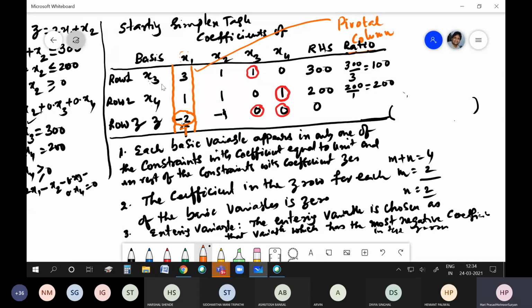You mark this column, which is the leaving variable, and you mark this row, and this row is called the pivot row.